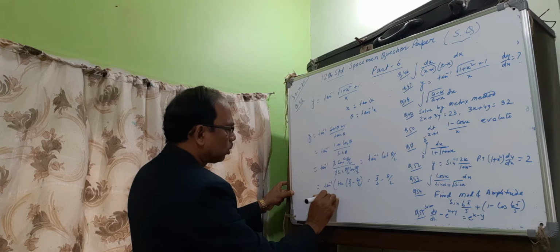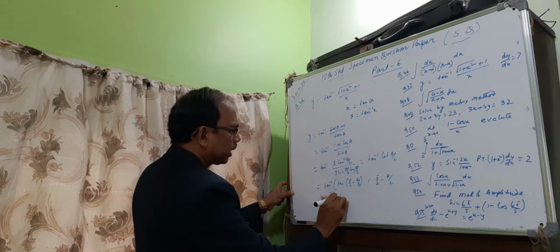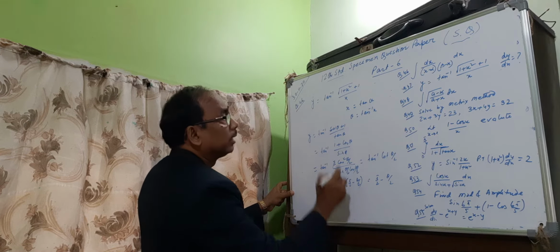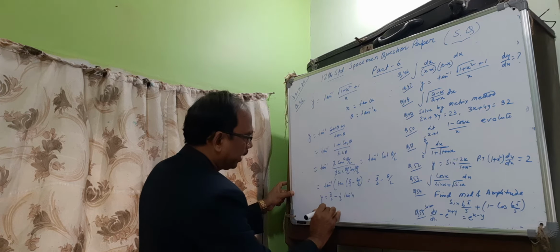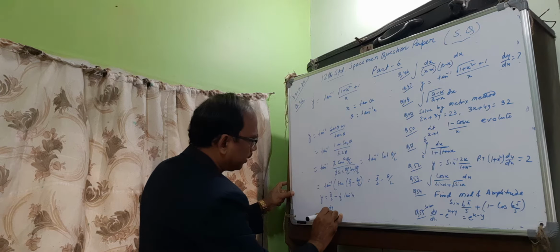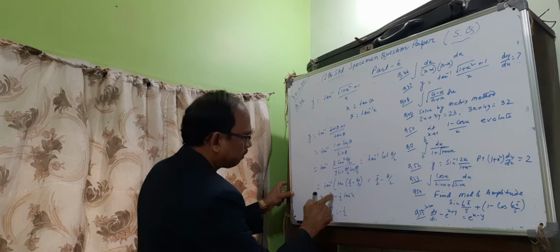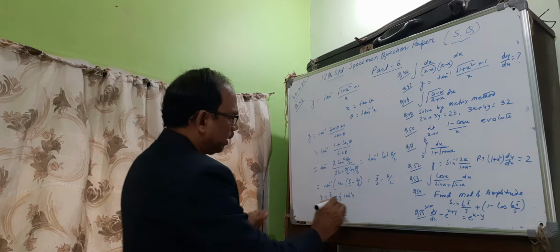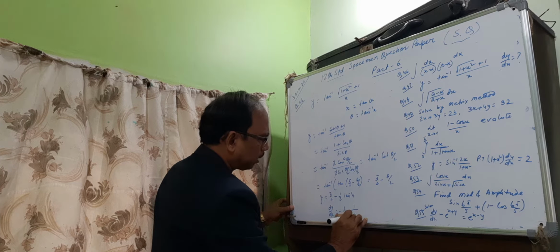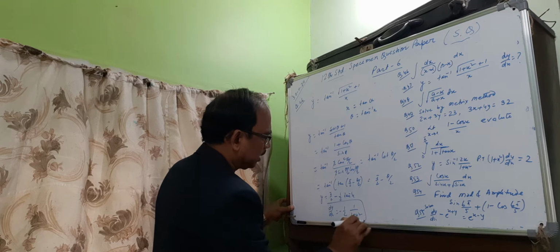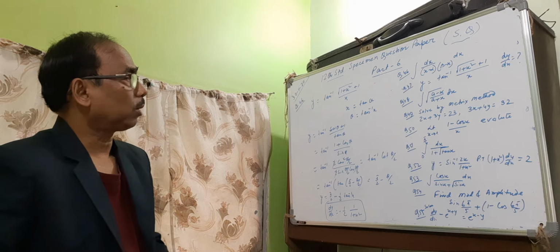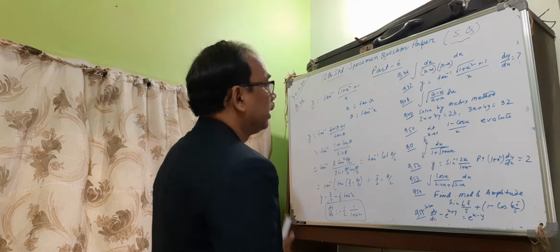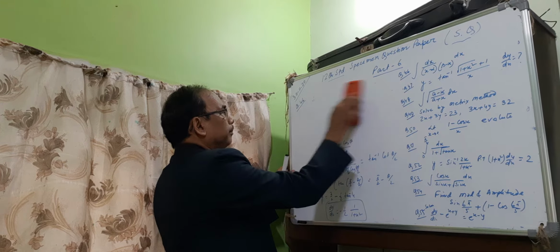Then y equals pi by 2 minus half of theta, that is tan inverse x. Then dy by dx equals minus half, the pi by 2 differential is 0, tan inverse derivative 1 by 1 plus x square, that is dy by dx of the given sum. Then sum number 48.